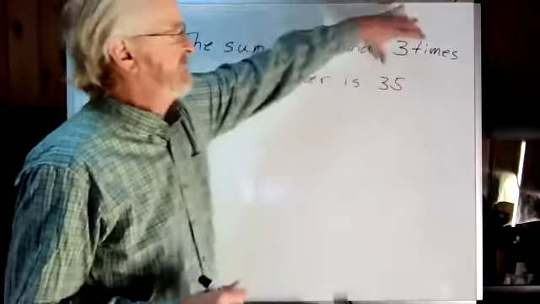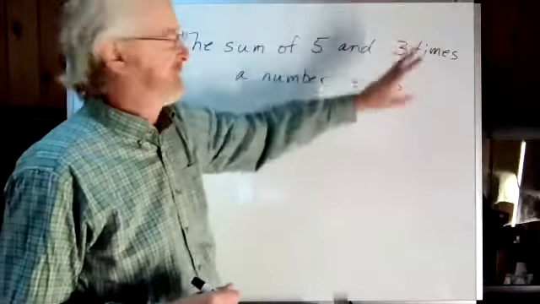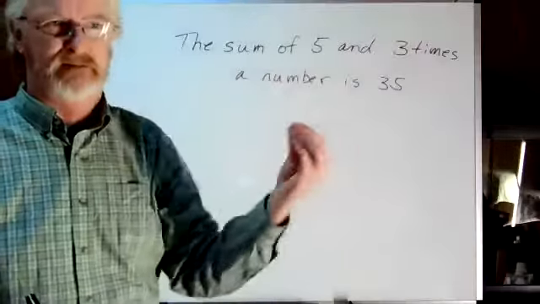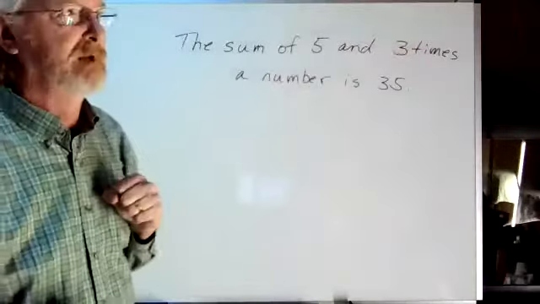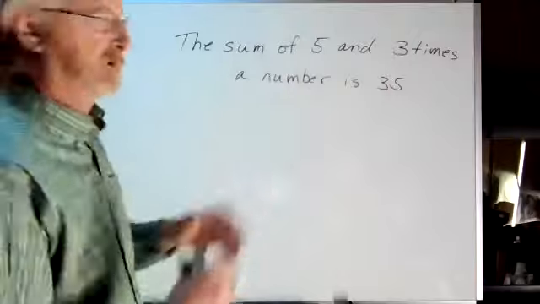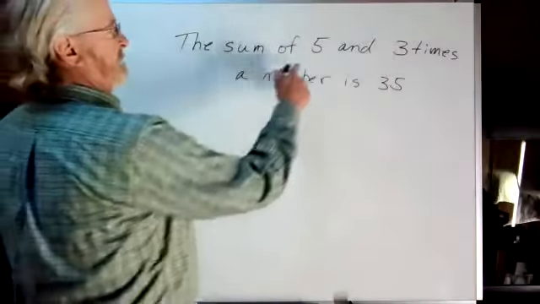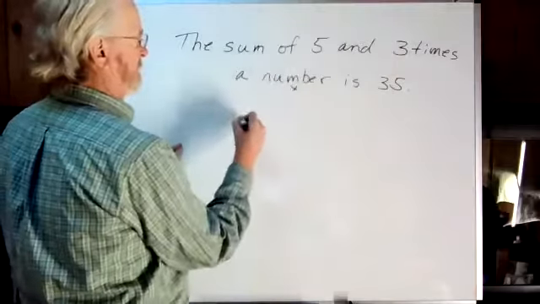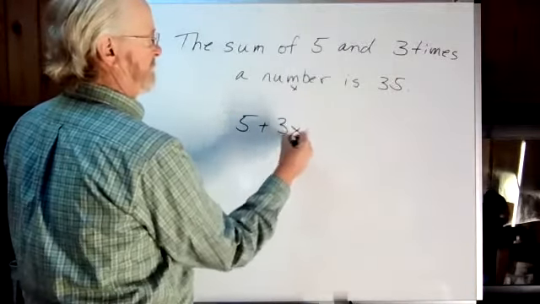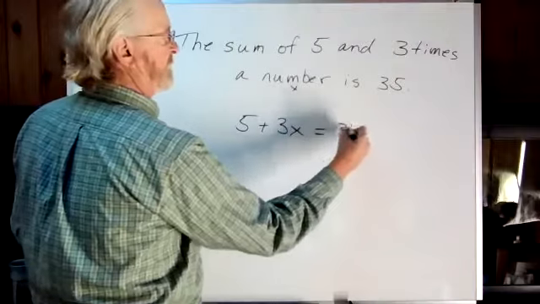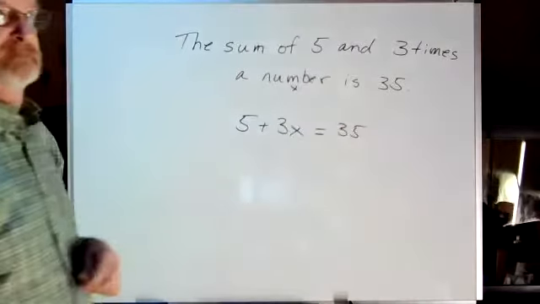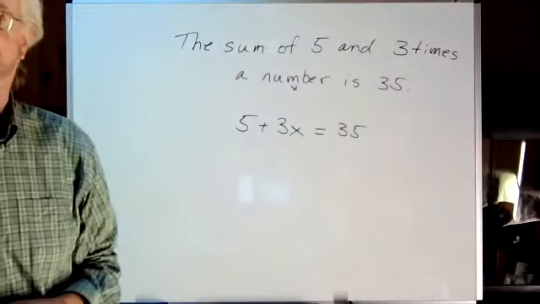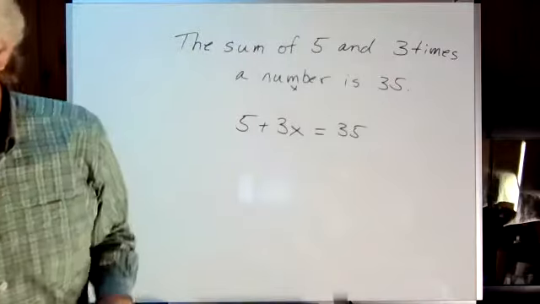But hopefully you can see that that's connected. 3 times a number, there's one phrase, one part of that expression. It all goes together. The sum of 5 and 3 times a number is 35. What do you want to be able to get out of that sentence, that shape there?